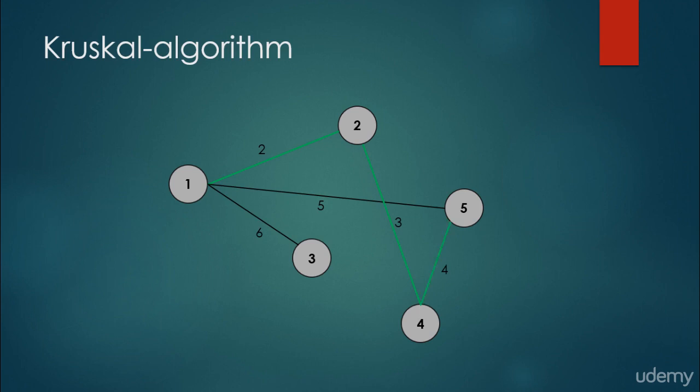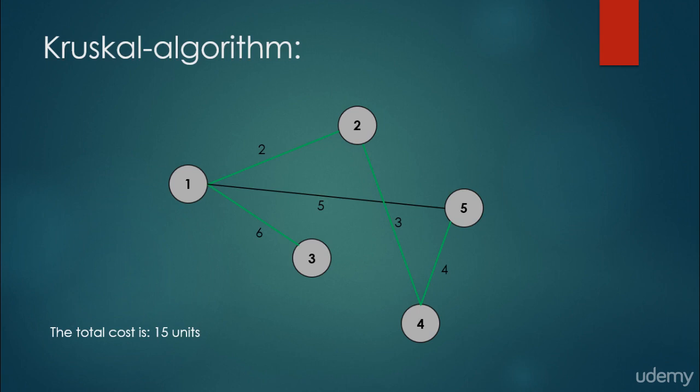So we add 4. It also doesn't form a cycle, so we try to add 5, but we are going to detect that it would form a cycle, so we skip this edge and we go to 6. And 6 doesn't form a cycle, so it is part of the minimum spanning tree.